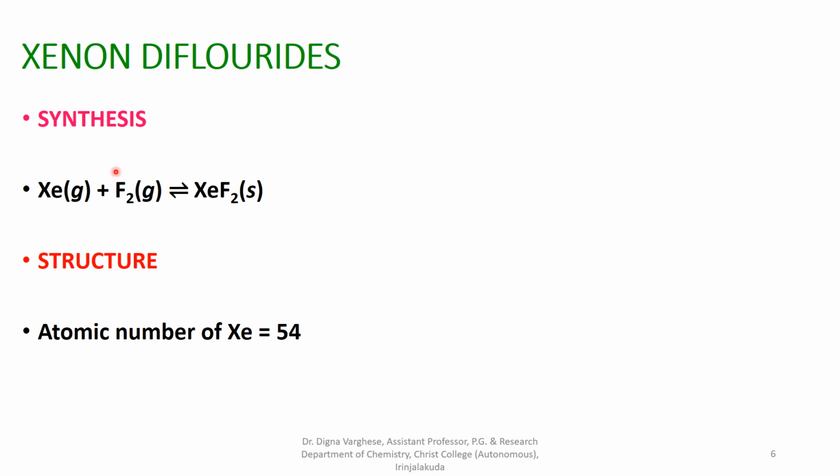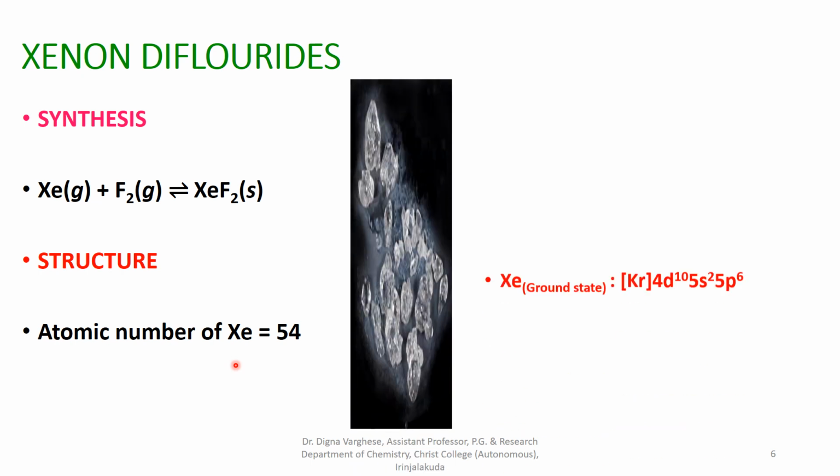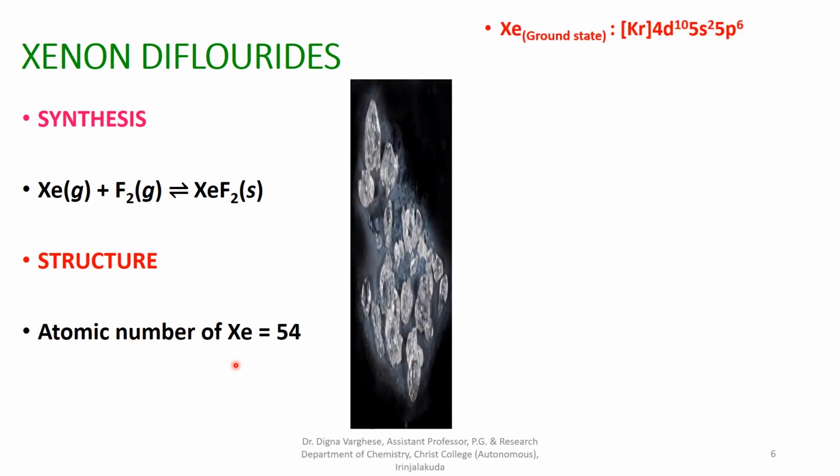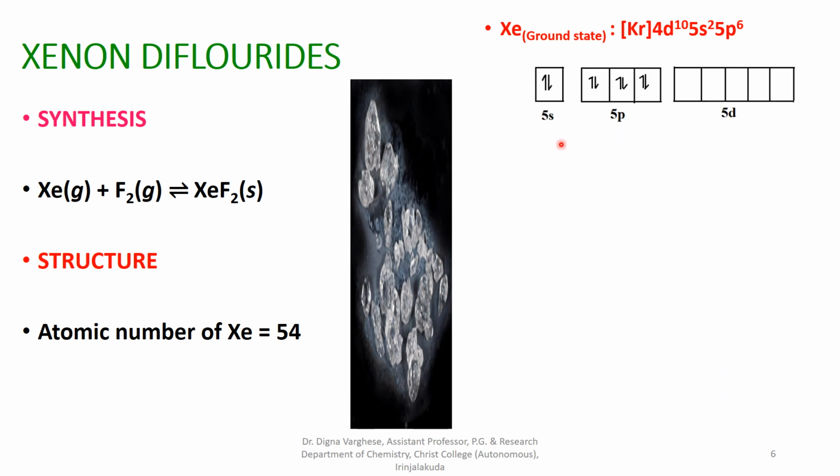Xenon difluoride synthesis. Xenon directly reacts with fluorine gas, giving xenon difluoride. And the structure of the compound is: the central element is xenon here, the atomic number of xenon is 54, and the ground state electronic configuration is krypton 4d10 5s2 5p6.